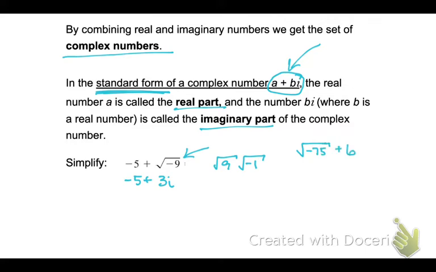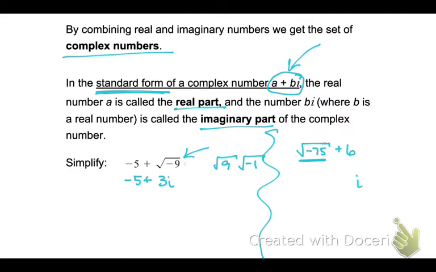Okay, the square root of negative 75 plus 6. What does the negative give me? An I, right? Can this go in the front when I write my final answer? It has to go in the back, right?